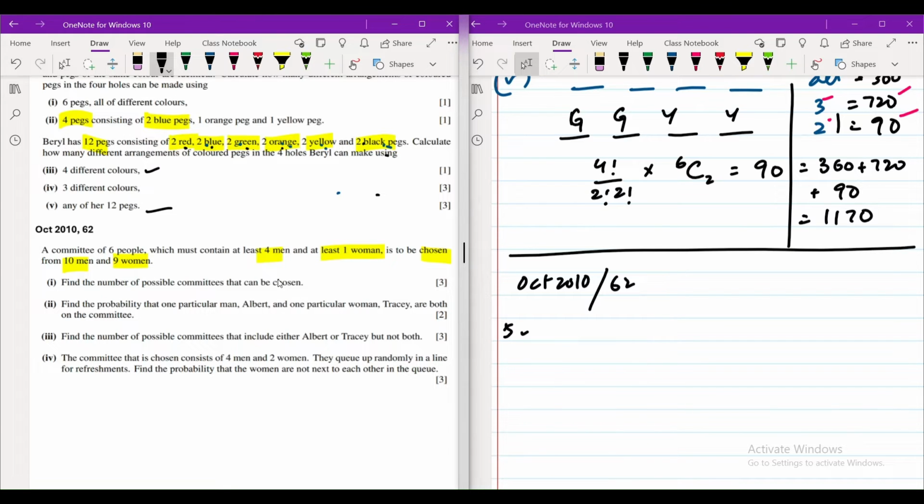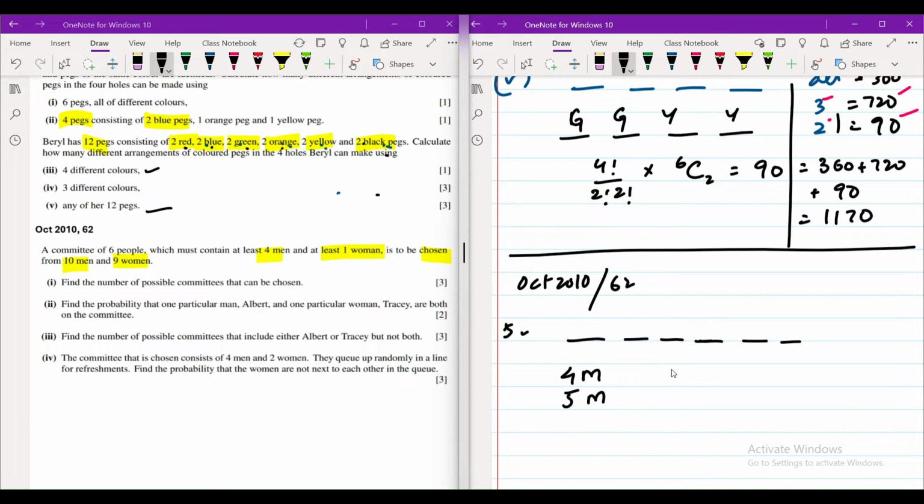Right? Now, at least 4 men. So we have 6 places, 1, 2, 3, 4, 5, 6. At least 4 men and 1 woman, right? So that means we can have 4 men, we can have 5 men, right?